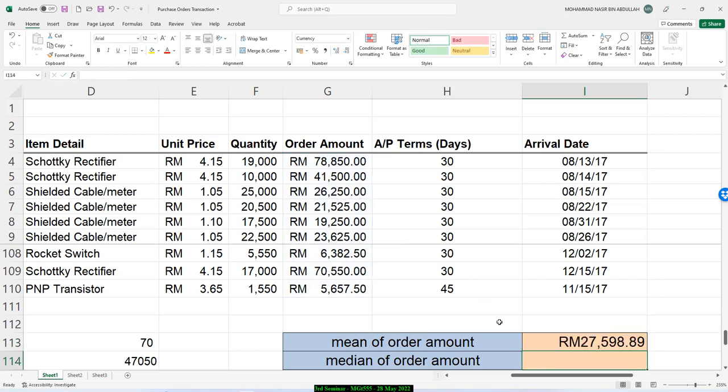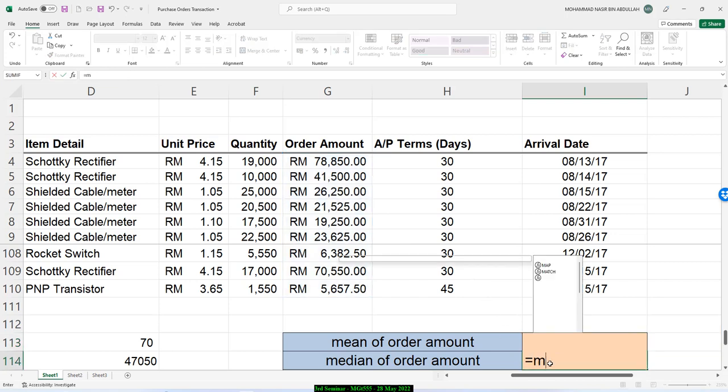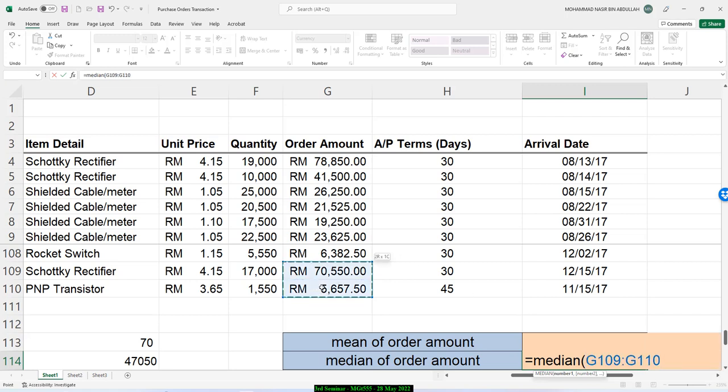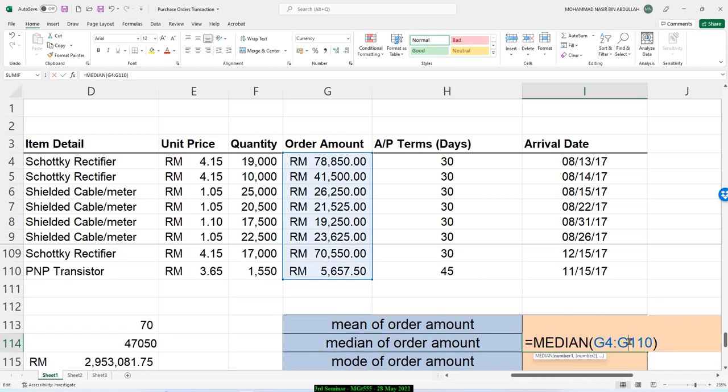For the median, it is very simple. You just type MEDIAN, and again G4 to G110. Very simple. I think most of you can do it already. Can?